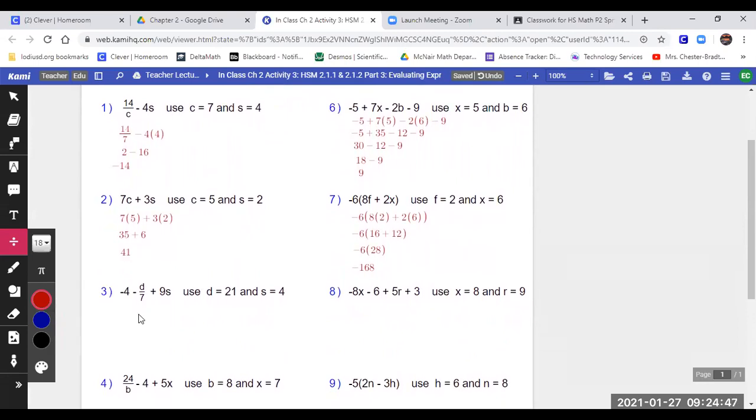Okay, so now we're looking at number 3. What's the first thing I'm gonna write down? No, I mean, what's the first thing I gotta write before I can start putting letters in?